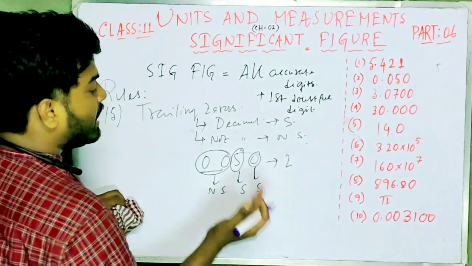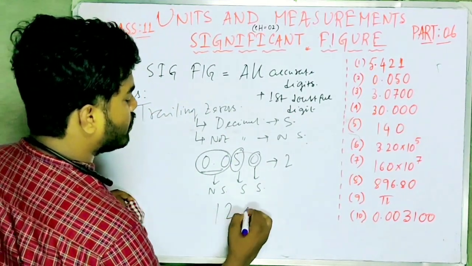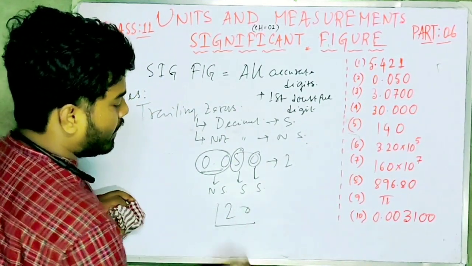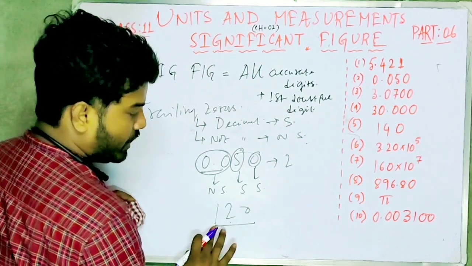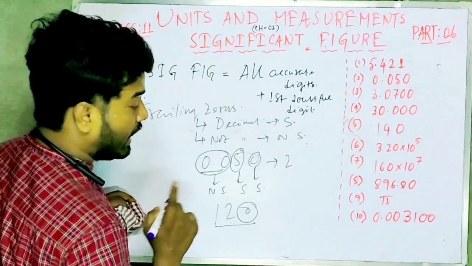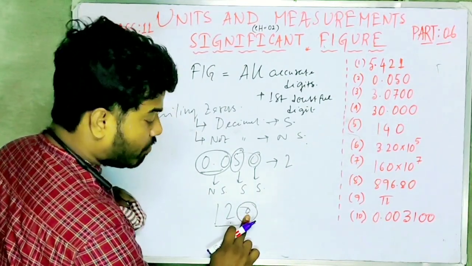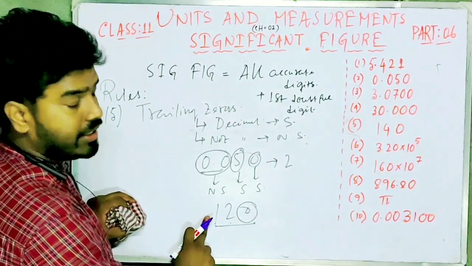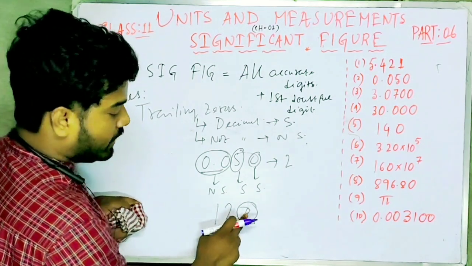Clear? Now suppose this one, 120. 1 and 2 are non-zero, that is significant, and this 0 is the ending zero, but there is no decimal point. Mind it, this is an ending zero and there is no decimal point.